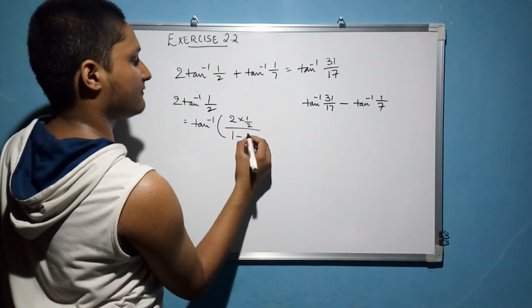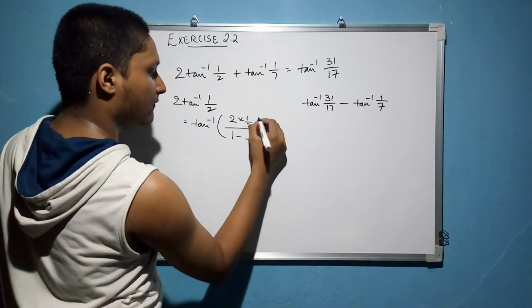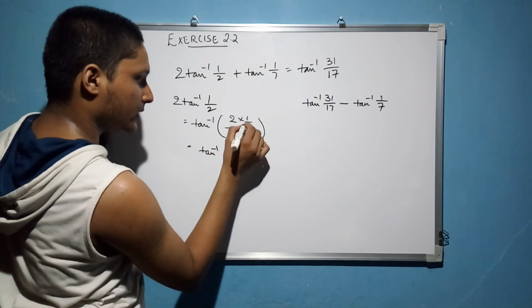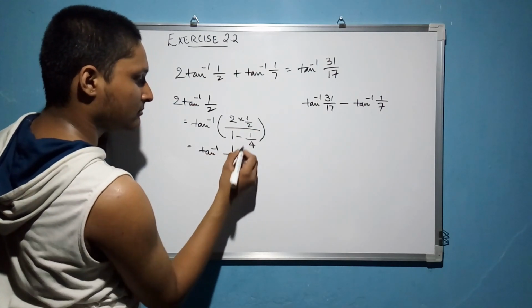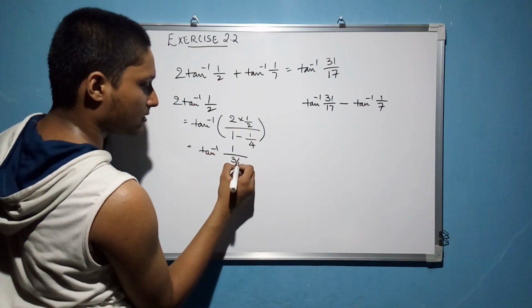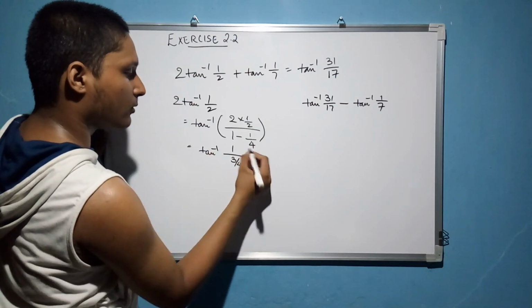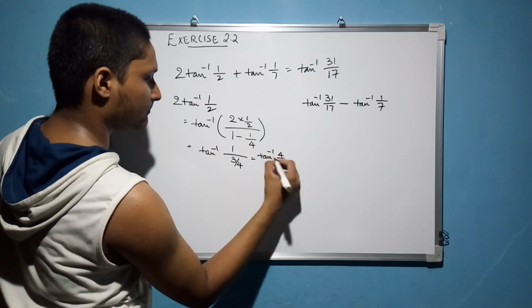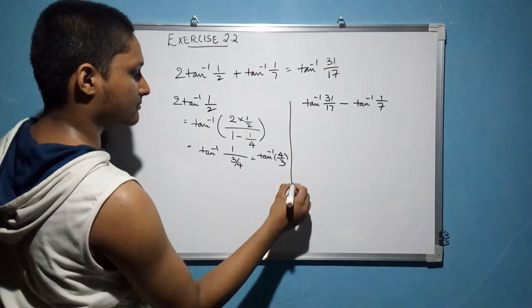X square is 1 by 2 square, that is 1 by 4. Therefore this comes to be tan inverse 2 into 1 in the numerator, this is 3 by 4. Now 4 goes to the numerator, this becomes tan inverse 4 by 3. This much I got. This is one part.